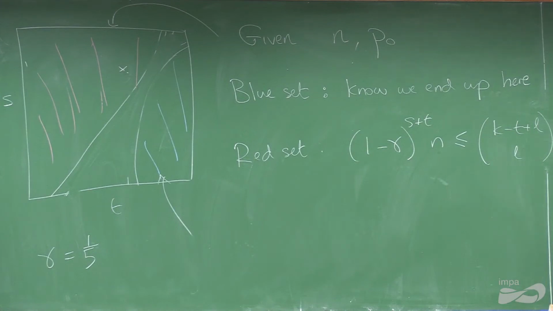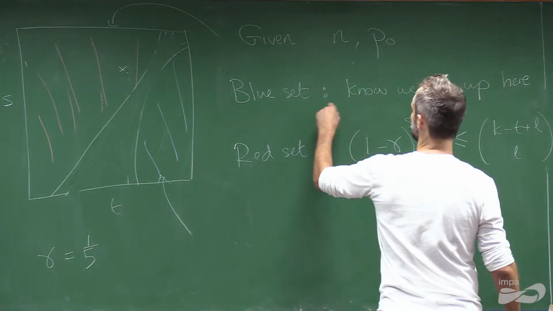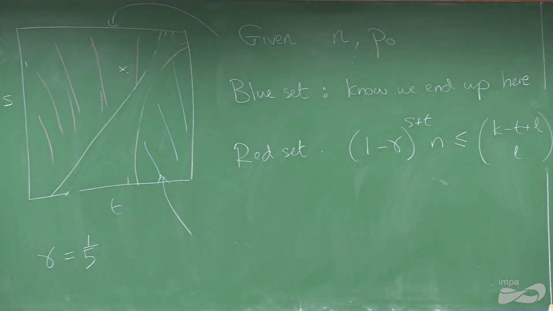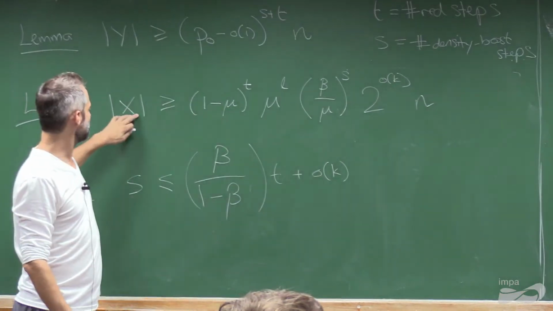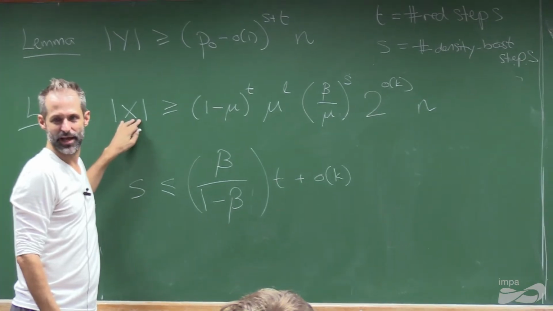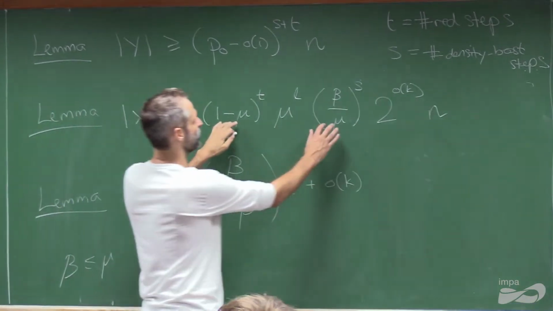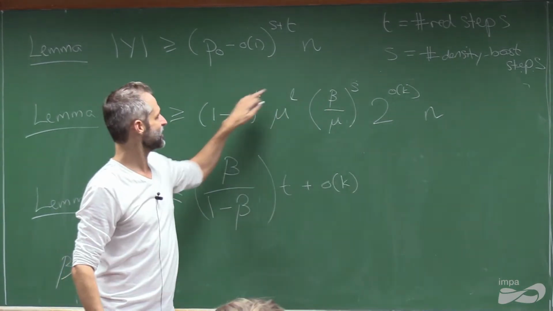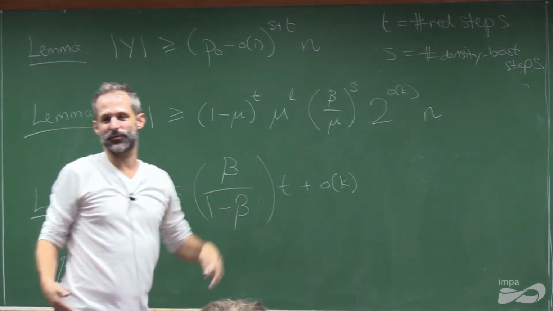So how do we know we end up here? We just get this from this inequality. It's basically the point at which this thing is 2 to the little o of k, so all of this thing is 1. That gives you some relation on S and T.